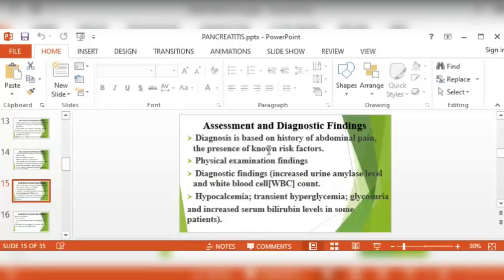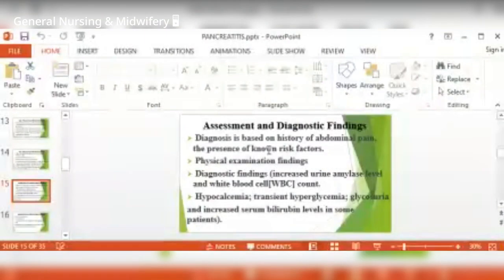And then sometimes you can request for lipase and amylase level in the serum. If there is increase of serum lipase and amylase, you should start suspecting pancreatitis.